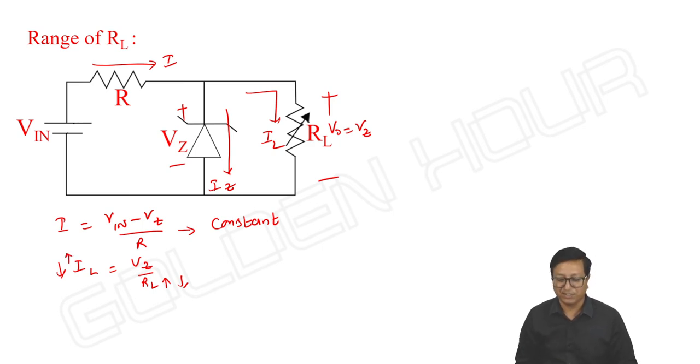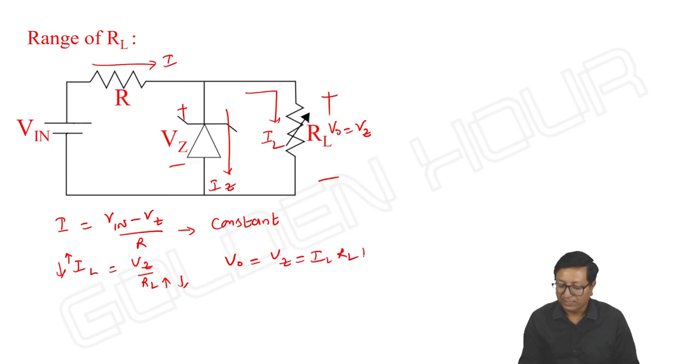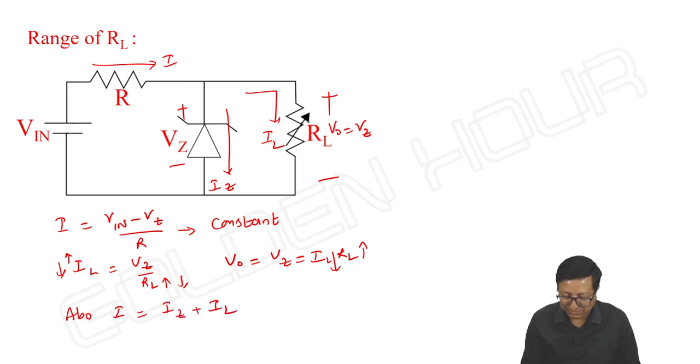There is an inverse relation because we know V output is equal to VZ is equal to IL into RL. RL increases, IL has to decrease and vice versa. Okay, fine. And also we know that I is equal to IZ plus IL, in which this I is constant.